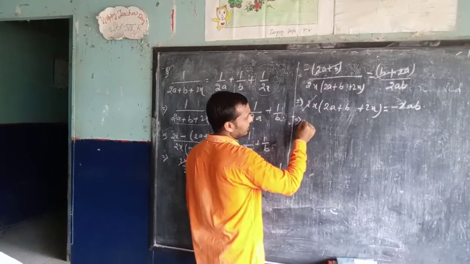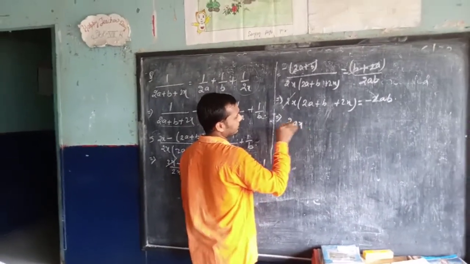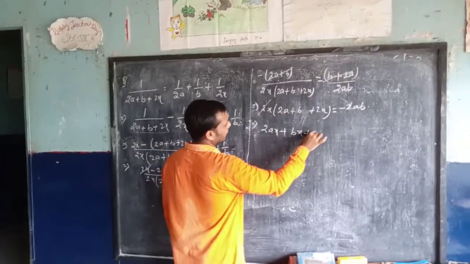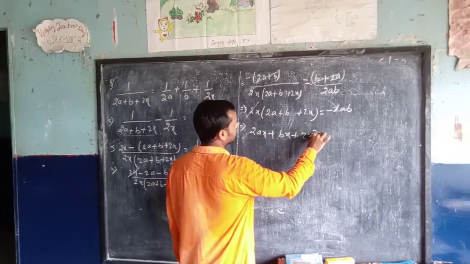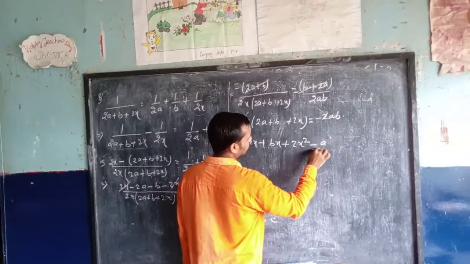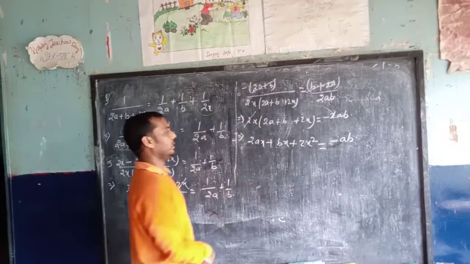Multiply the terms. You will have 2ax plus bx plus 2x square and minus ab equal to minus ab. Clear?